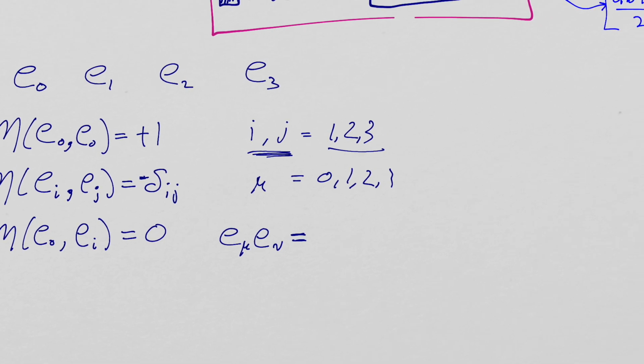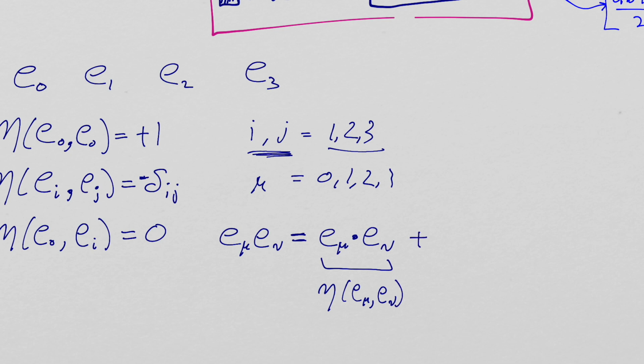So the symmetric part we already know is E mu dot E nu, which, just as a reminder, is eta mu nu, plus this anti-symmetric part, which I'm just going to write down as E mu E nu minus E nu E mu over 2, right?